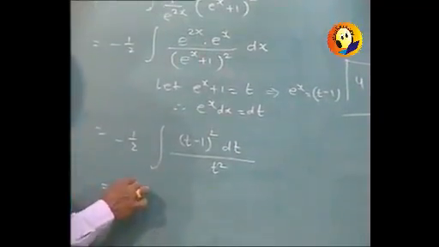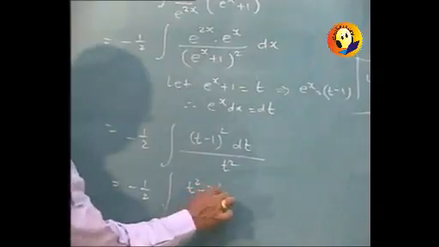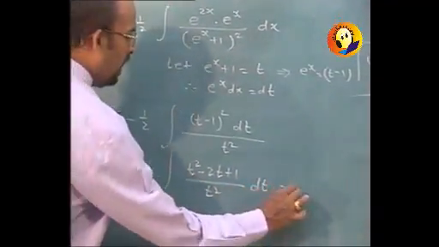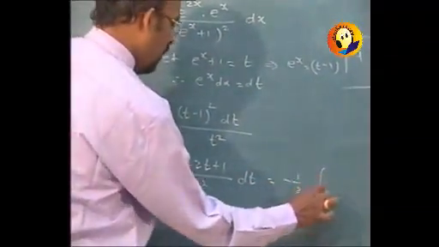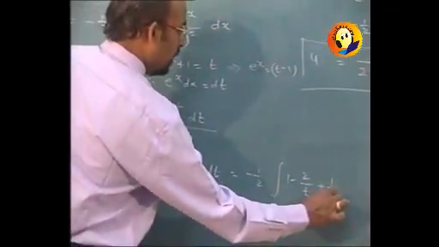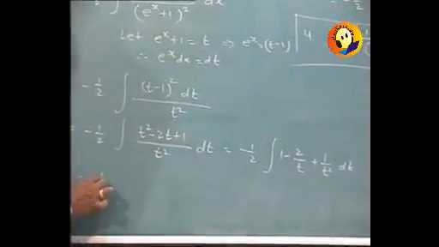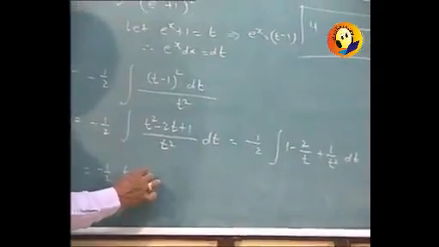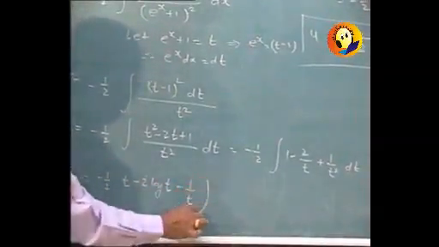Which will be equal to, in this case, minus half integral, expand the numerator, it is t square minus 2t plus 1 divided by t square dt, and if we divide each term by t square, it will be minus half integral 1 minus 2 upon t plus 1 upon t square dt, the integration of which will come out to be minus half. It will be t minus 2 log t minus 1 upon t.